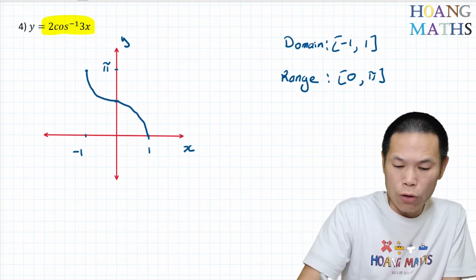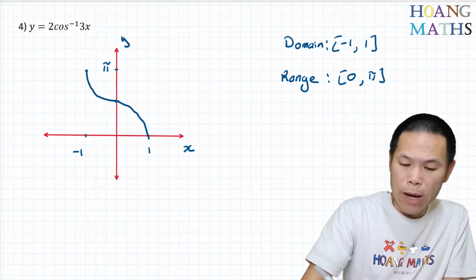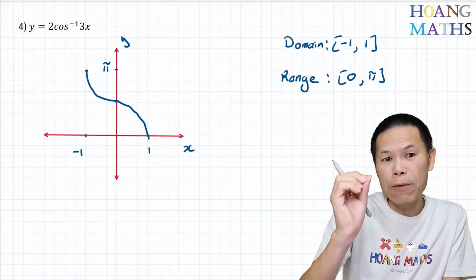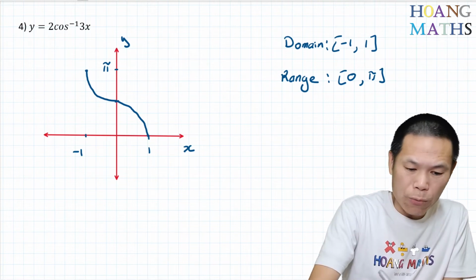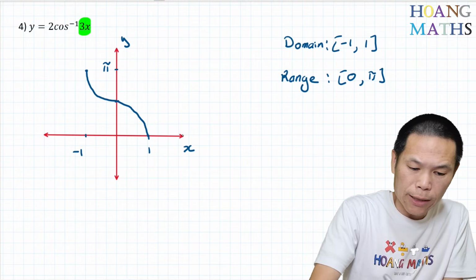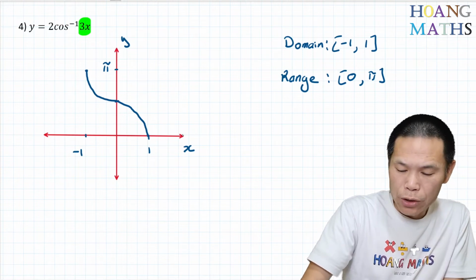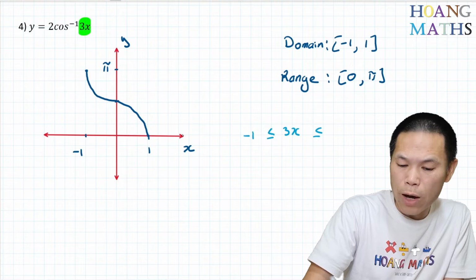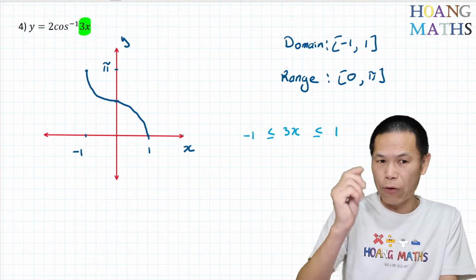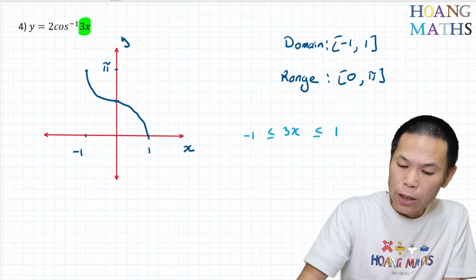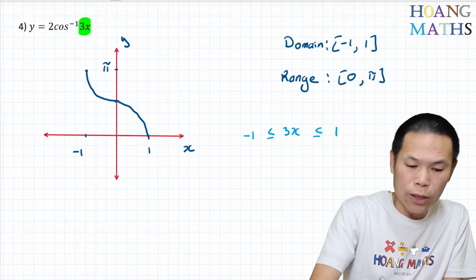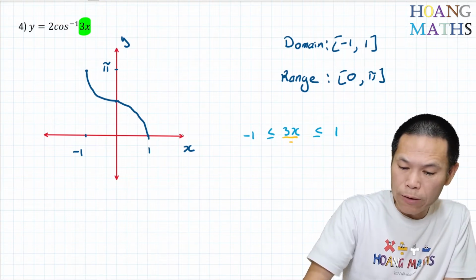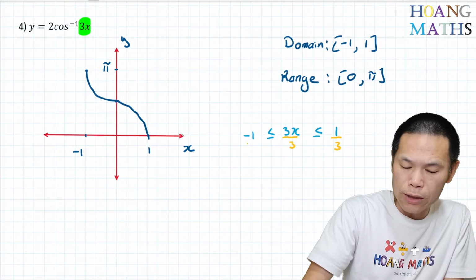First of all, the domain. We know that the domain is always between -1 and 1, and this is 3x. So let me write this down. 3x is always between -1 and 1. That is the domain for the inverse cos. Therefore, I divide everything by 3, and the 3s cancel out.